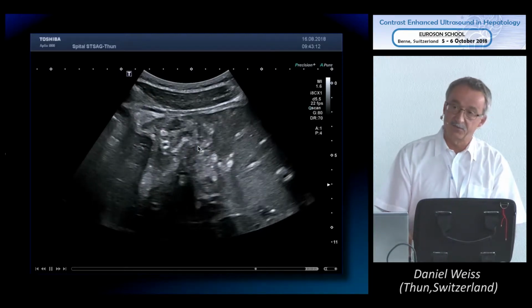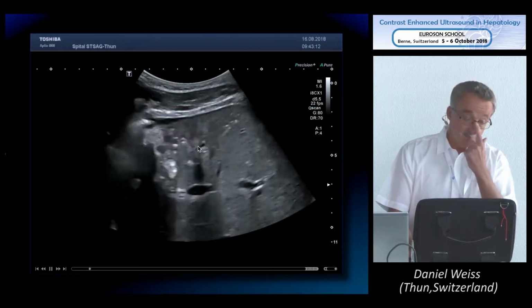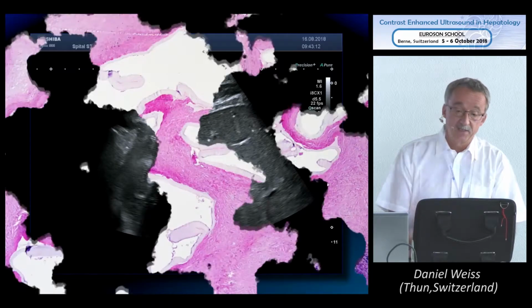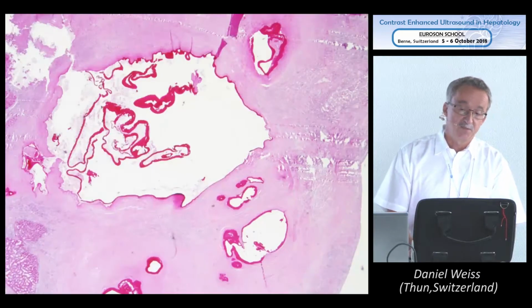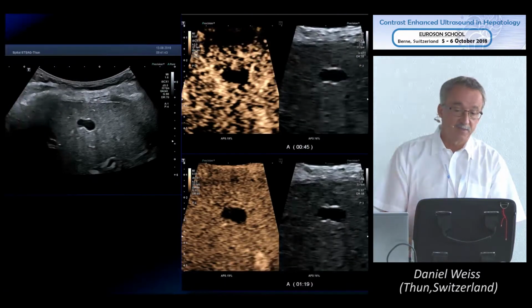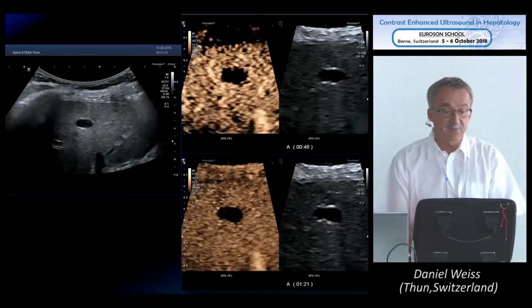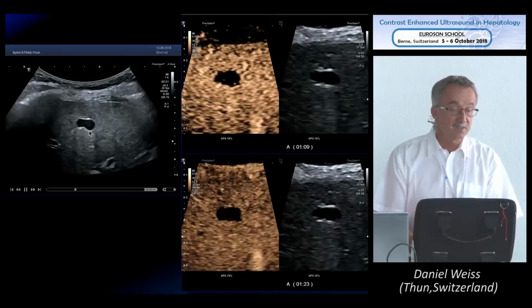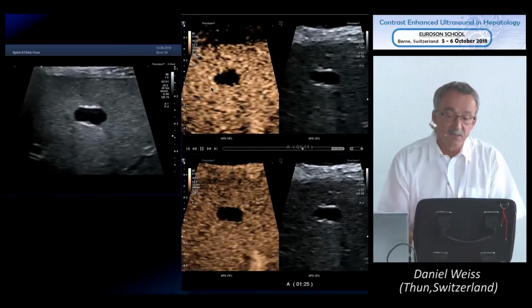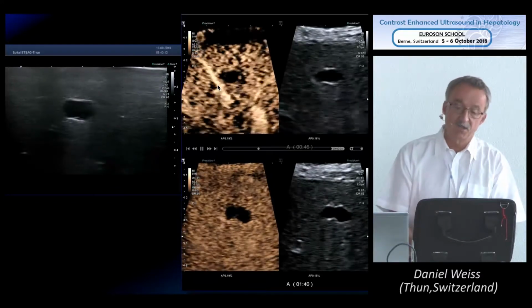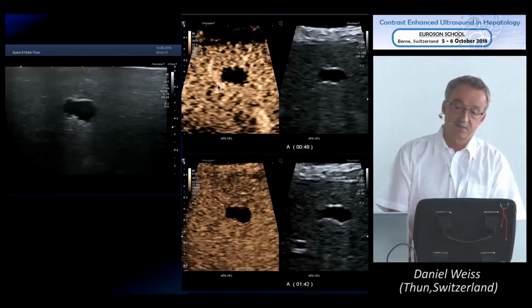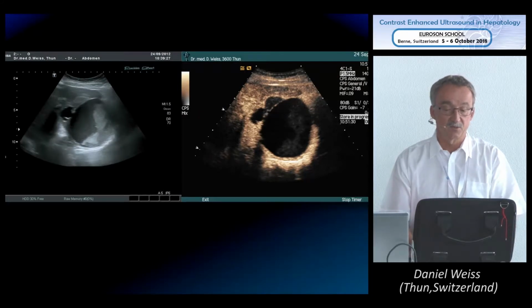This is all alveolar echinococcosis, and because this patient had a surgical problem, they did a biopsy, and it's proven with a biopsy that this has been an alveolar echinococcosis. This is another patient with just one cyst and nothing else, and again you see small cystic infiltrations around this cyst. This is another case of alveolar echinococcosis.